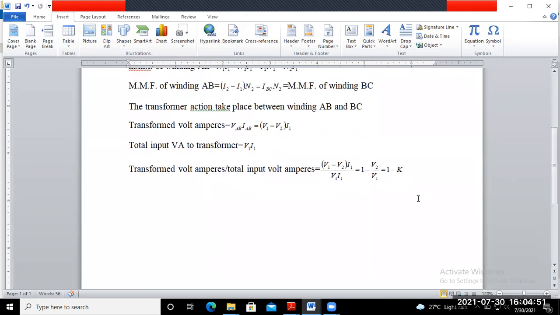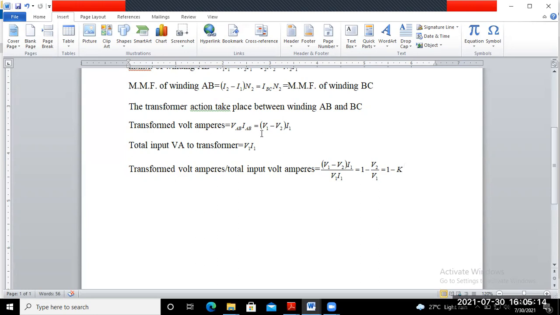That means out of the input volt ampere, that is V1 I1, only V_AB I_AB is transformed by the transformer action, is it not? And the rest of the power is transferred by the conduction method.